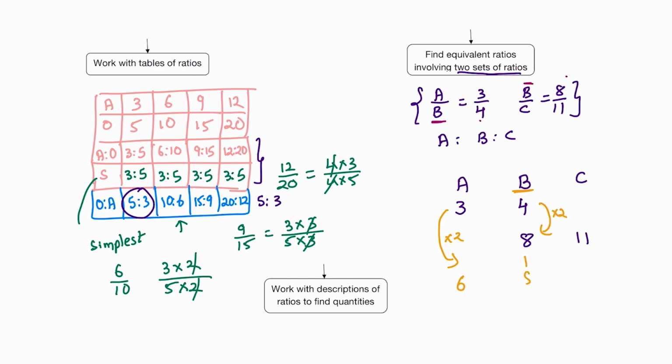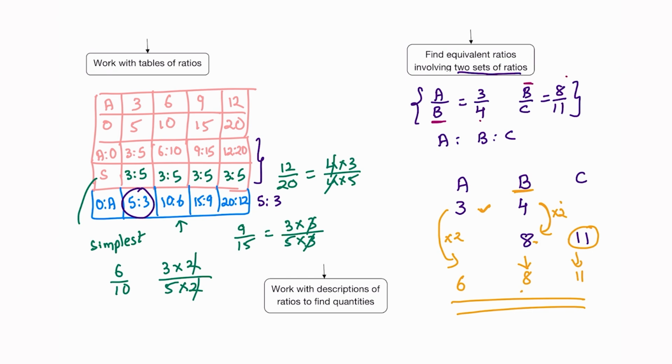We take this 8 down and we take this 11 down because this is already 4 times 2. It's done, right? So we took 8 here. And when B is 8, C is 11. So we take that 11 also down. So this is how you find equivalent ratios when you have two sets of ratios. Whichever term is repeating, you try to find the relation between them. Is it multiplication? Is it division? And then you work with the other terms accordingly. So here, because we got the relation for 8, we did not do anything to 11. We worked with A over here. Okay, so this is what you do when you have two sets of ratios.